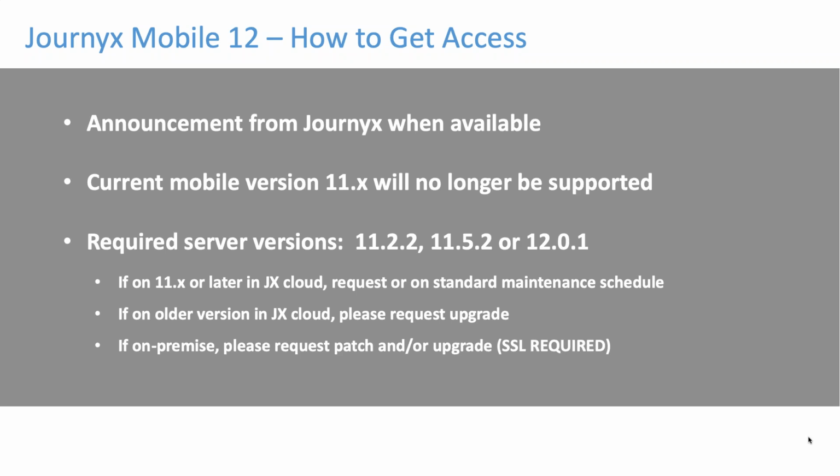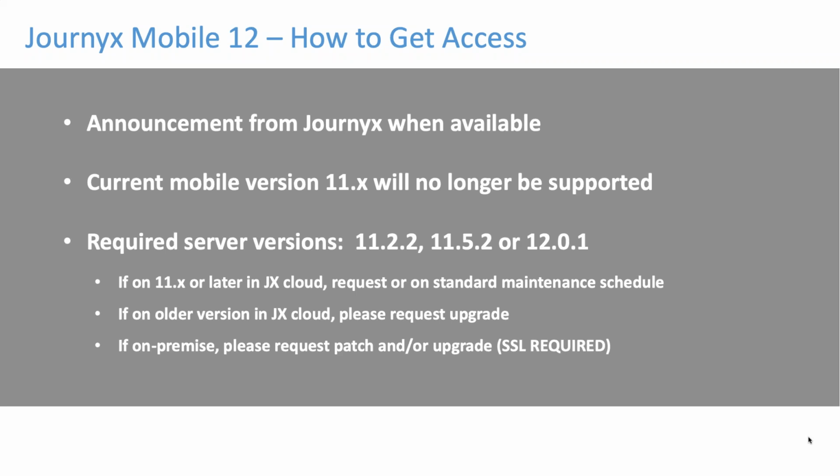It will require a maintenance version, so a bug fix only, essentially some API requirements that will need to be applied to each of your server sites in order to use the new mobile app. So what we'll require then is the versions here that are listed: 11.2.2, 11.5.2, or 12.01.